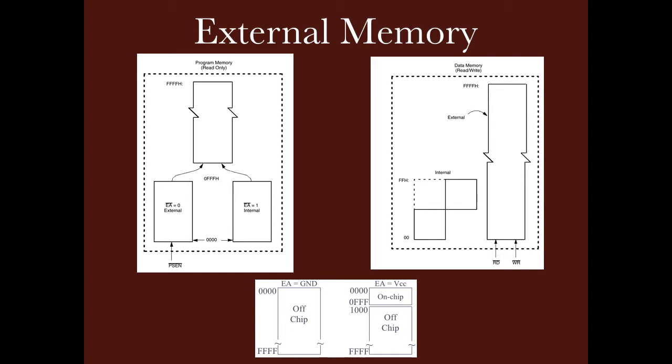When EA bar is high, 0000 to 0FFF is on chip, and the rest is either off chip or not used. So basically EA bar indicates whether the address range from 0000 to 0FFFH is internal or external.